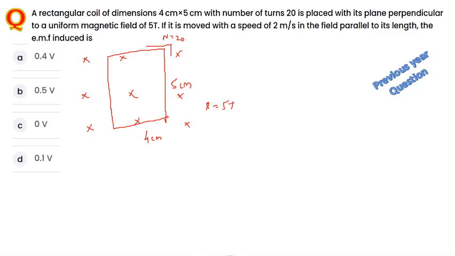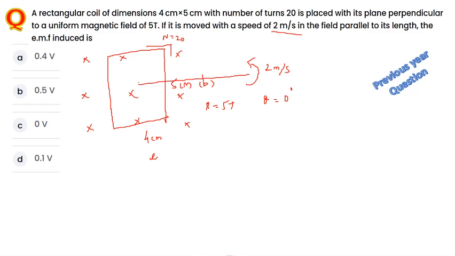If it moves with a speed of 2 meter per second in the field, parallel to its length, this is the length and this is the breadth. Since it moves parallel to its length, theta is equal to 0.